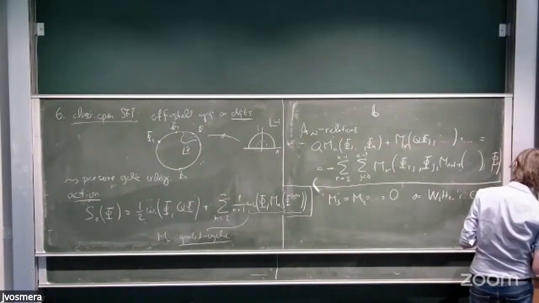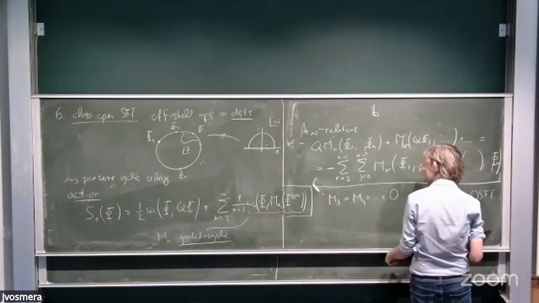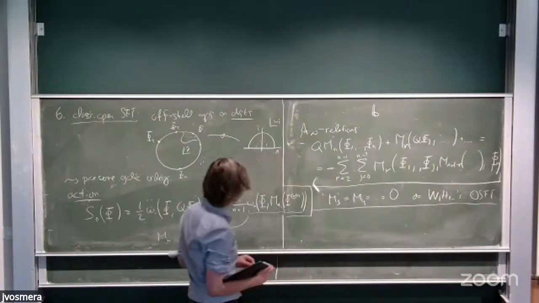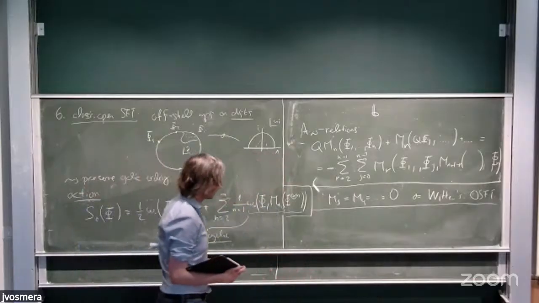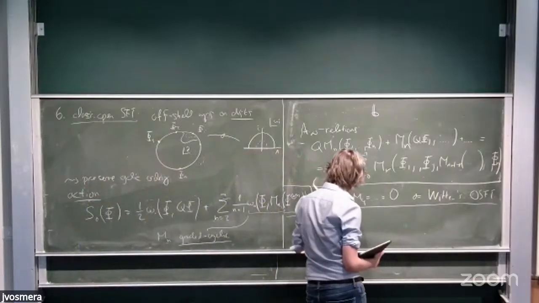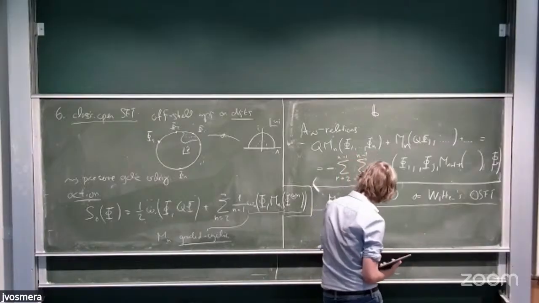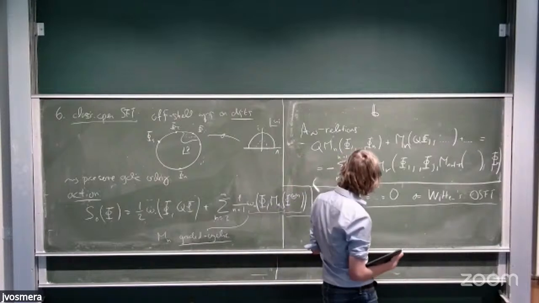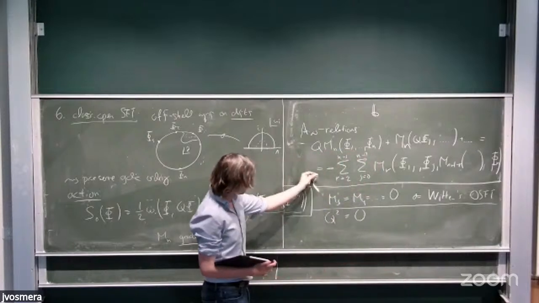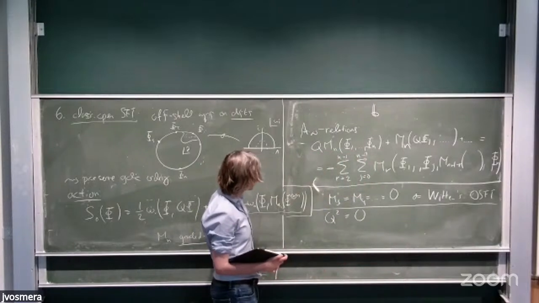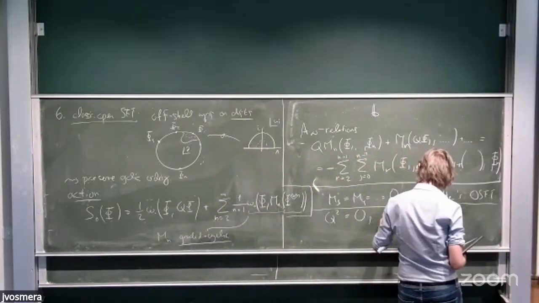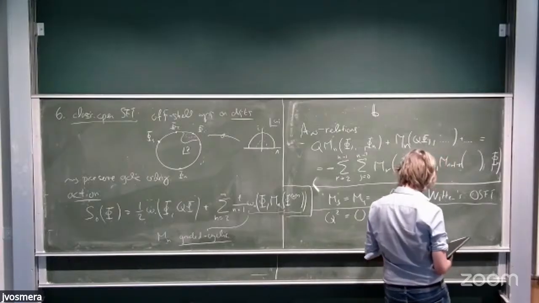If you think about what this amounts to when you expand these A-infinity relations for n equal 1, 2, and 3, the first says that the BRST charge, the kinetic operator, is nilpotent, as it should be. Then the second relation tells you that the two-product M2, which gives you the cubic vertex, satisfies that Q acts as a derivation of this M2.